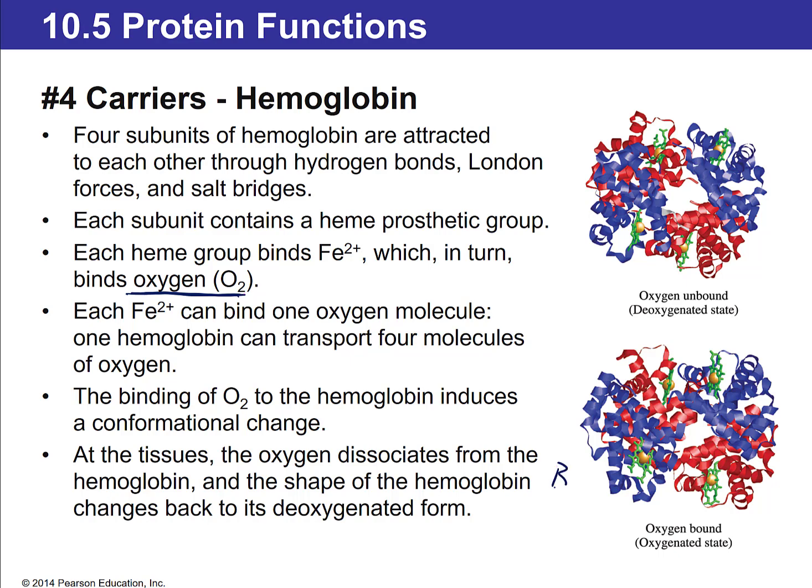Remember I said that this is going to be the bright red? Oxygenated blood, sometimes called arterial blood, because it's bright red in color. And it actually causes that iron to become oxidized. When oxygen comes in, the iron goes from +2 to +3. It's oxidized. When it loses its oxygen, it changes slightly.